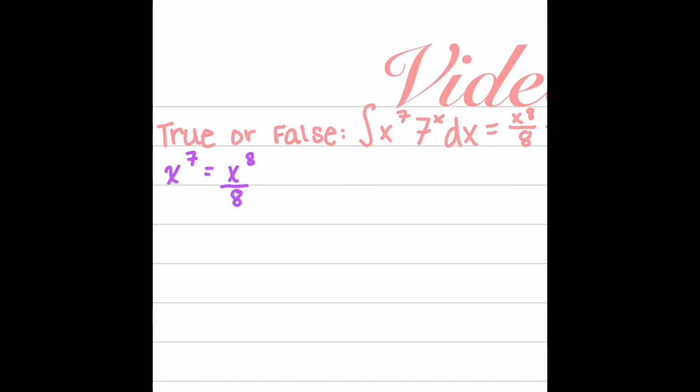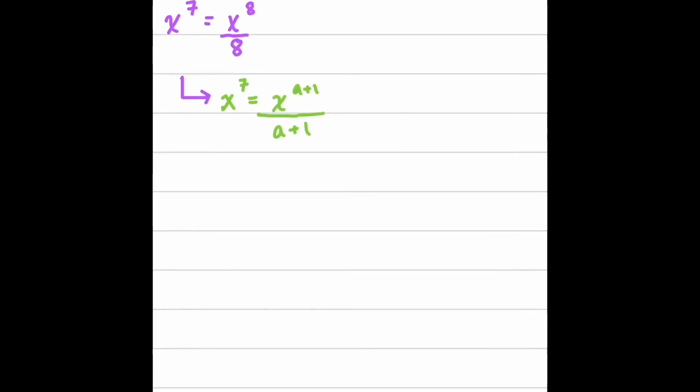I'm going to draw a little arrow real quick. And then I'm going to change the color to green just to show you my work. So I did x to the 7th power is equal to x to the a plus 1 over a plus 1. And then I just filled in the a spots for the next step.